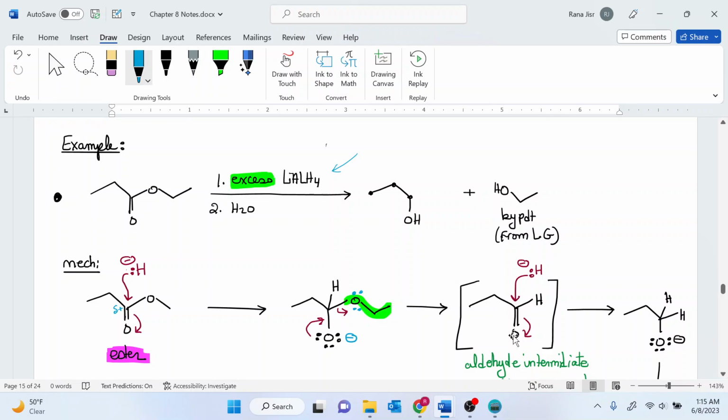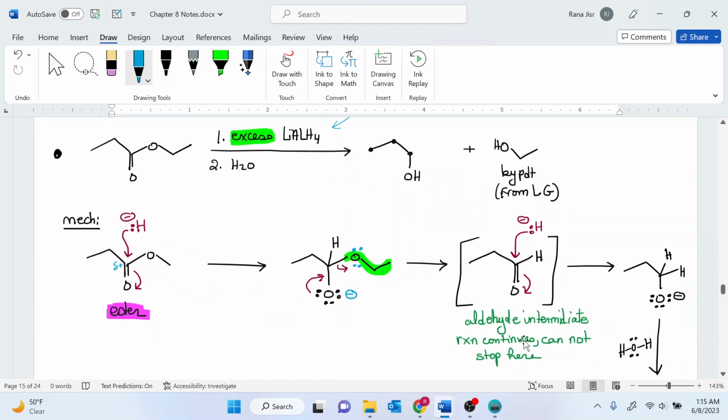I said from the beginning that the lithium aluminum hydride will keep reacting as long as you have a carbonyl. It will stop reacting once you stop having a carbonyl. So here, the lithium aluminum hydride will react again. I mean by reacting again, another mole of the lithium aluminum hydride will come and attack. It's going to attack the carbon of the carbonyl, form a negative charge on the oxygen.